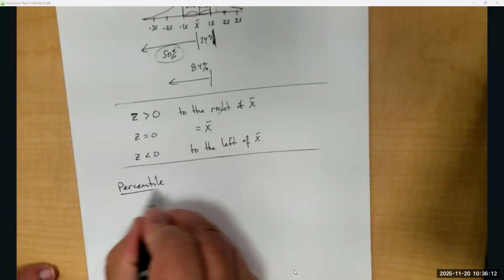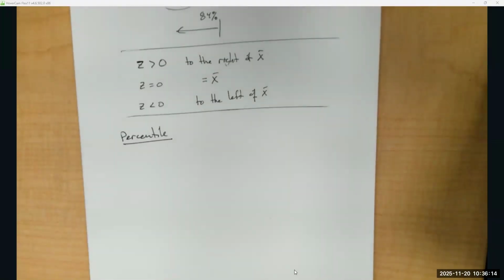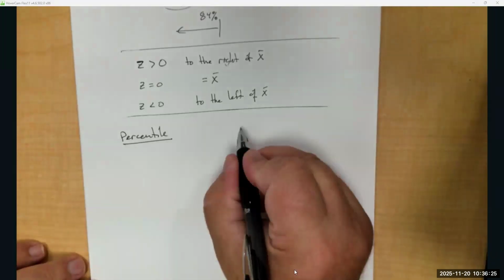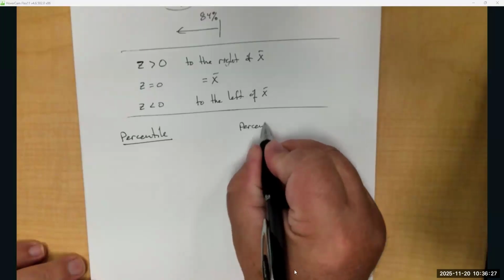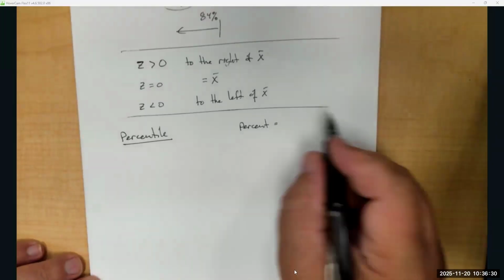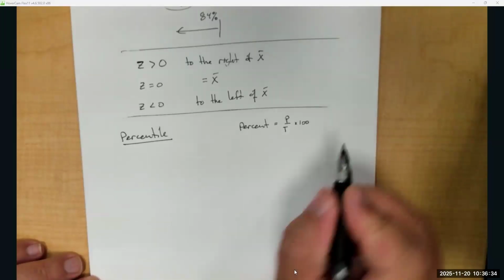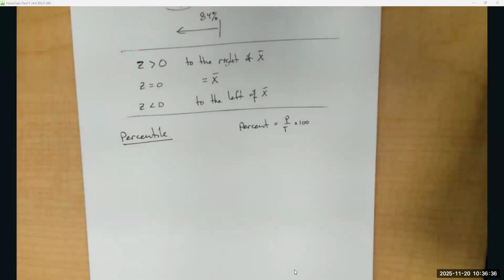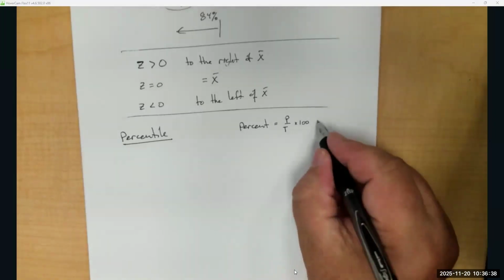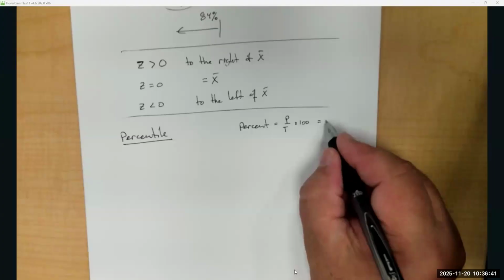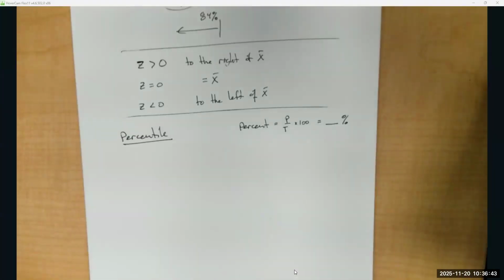Percentiles. What is a percentile? What is a percent, first off? Part over total times 100. The reason we multiply by 100 is to make it a percent.